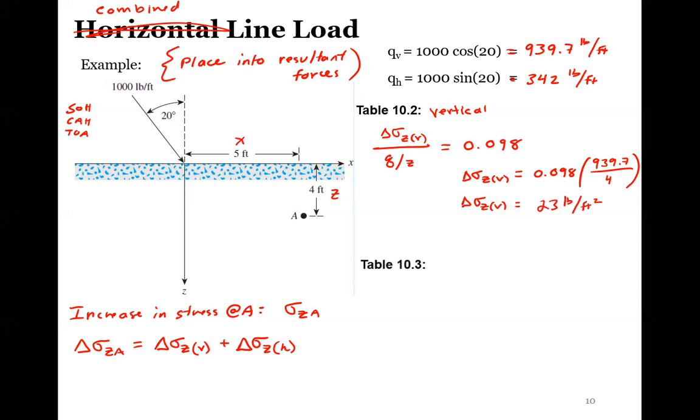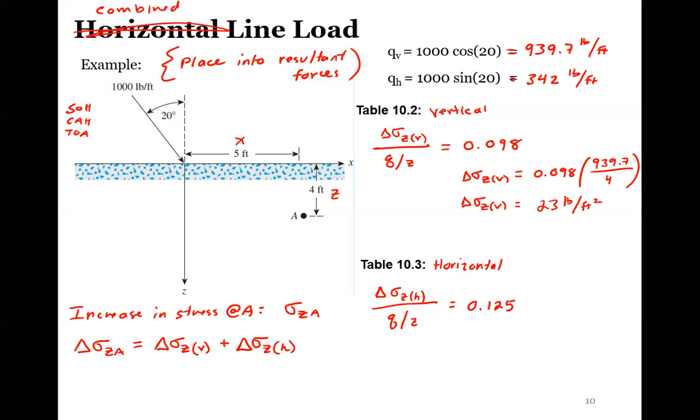Moving on to the horizontal. Same thing, but we would look at the other table. We see that this value for our horizontal is 0.125. And that should make sense, right?